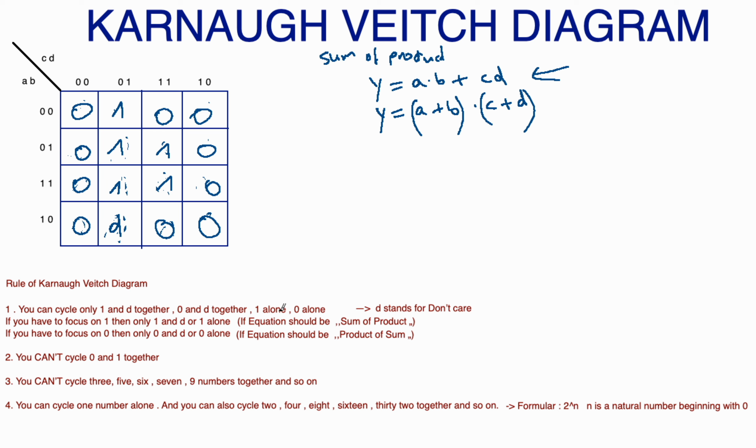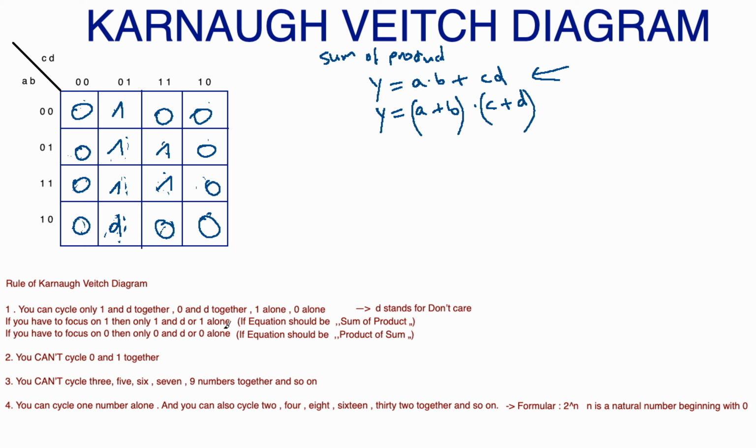We want our equation, so we need to look at this Karnaugh-Veitch diagram. What we see here are zeros and ones. But when we want to create our sum of product, then we need to focus on ones only. Okay? And in this case, we also have D. D stands for don't care. And D sometimes makes our equation simpler, easier, okay?